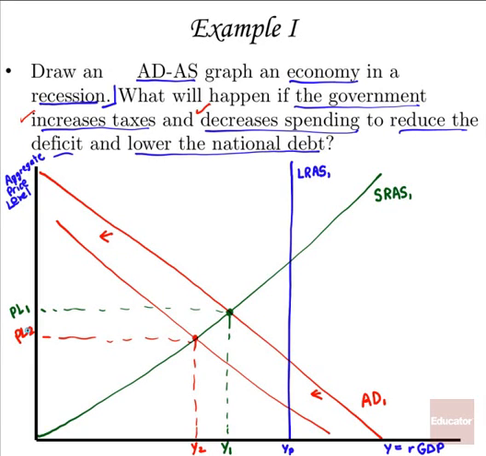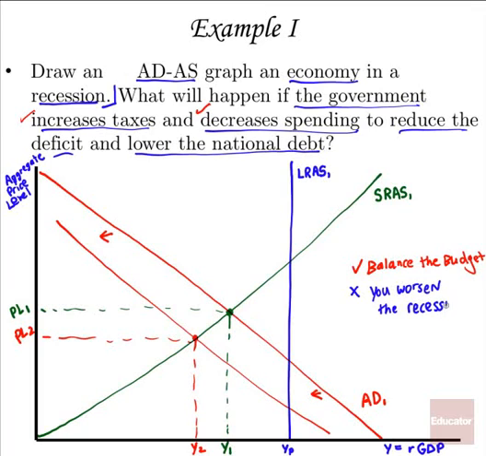So this is the idea that, yeah, you want to balance the budget. So good job, you do balance the budget. But the downside is that you worsen the recession. So go ahead and pick your poison, what you want to do.